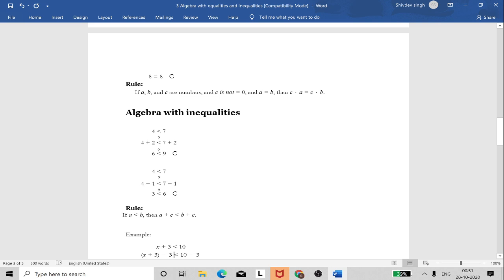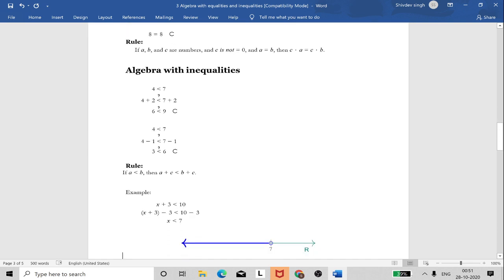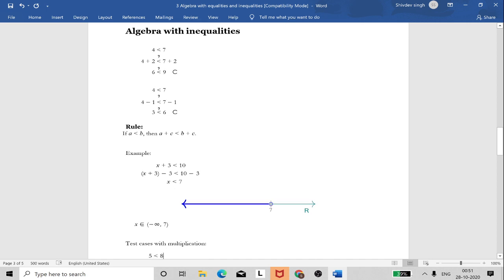In another example, if we take 4 is less than 7 and subtract 1 from both sides, what will we get? 3 is less than 6, which is again correct. So, the general rule will be: if a is less than b, then a plus c is less than b plus c.